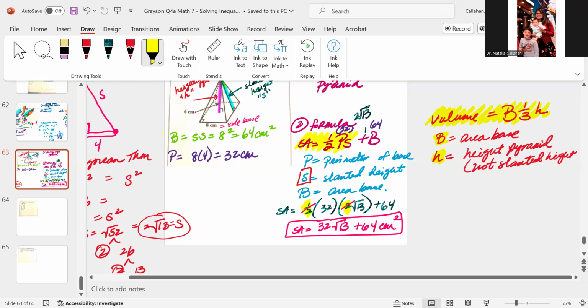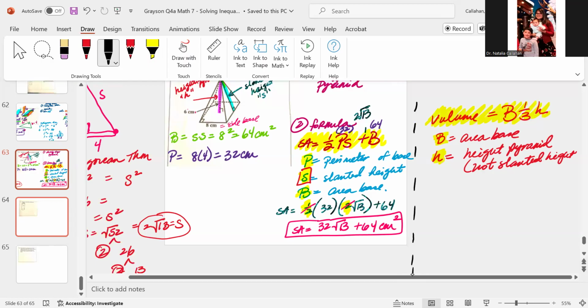For surface area right here, make sure you know what P is, S is, and B is. You see the one highlighted in yellow? Yes, because that's what you need to know. It doesn't matter if you put surface area first or volume first, as long as you have it. And then this weekend, we're going to print out the pictures. I'll glue it on your card so you have it.